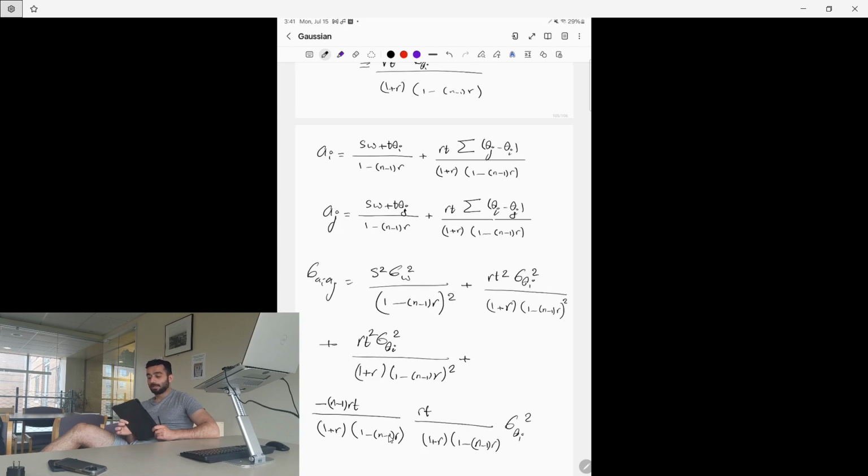And we have minus n minus 1 theta I, which here, so I made a mistake.